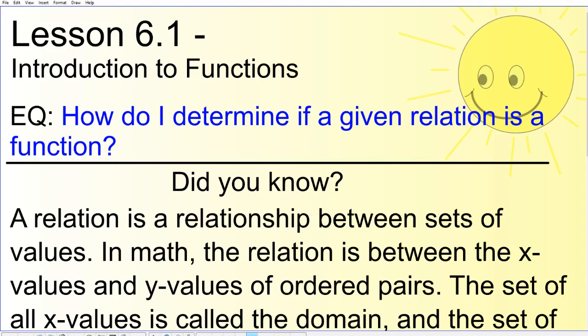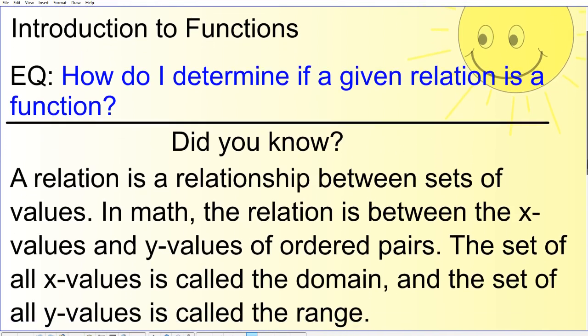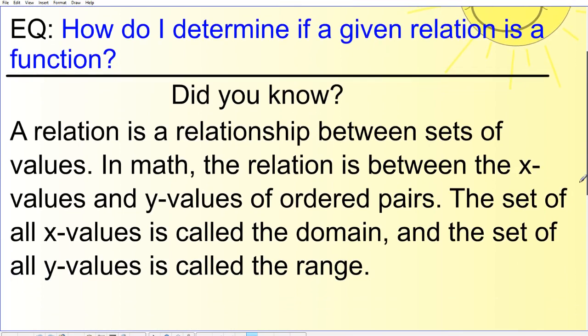Did you know that a relation is just kind of a relationship between sets of values? So in math, a relation is between usually the x value and the y value. And the set of x values, a lot of times we call the domain, and the set of the y values we call the range.